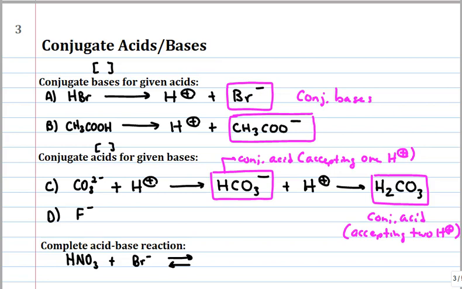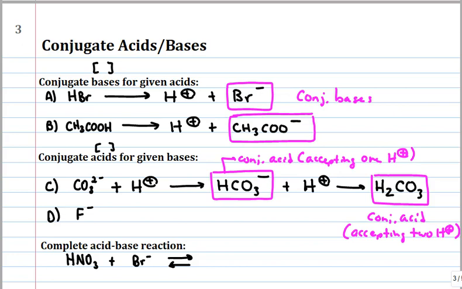Okay, so CO3 2-, because it's got 2 negative charges, it can possibly pick up 2 H pluses. And you can draw the intermediary when you have only 1 H plus added. That's HCO3, the conjugate acid accepting 1 hydrogen. If it picks up another one, it can be the conjugate acid after accepting 2 protons or 2 hydrogen ions.